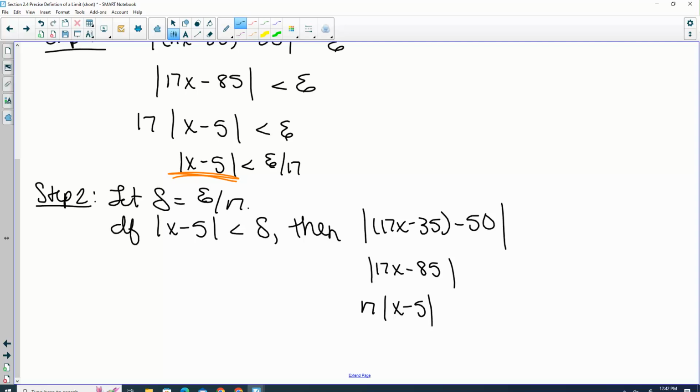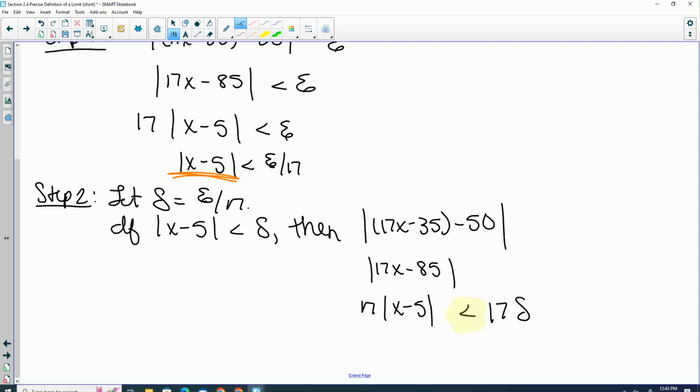And we would have to say less than, because the absolute value of x minus 5 is less than delta. So this has to be less than 17 delta. So I just got my less than in here. You guys with me there? Why is it a less than?